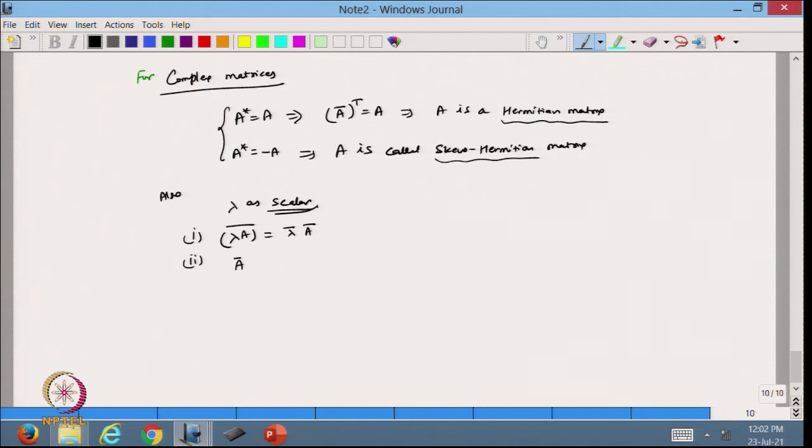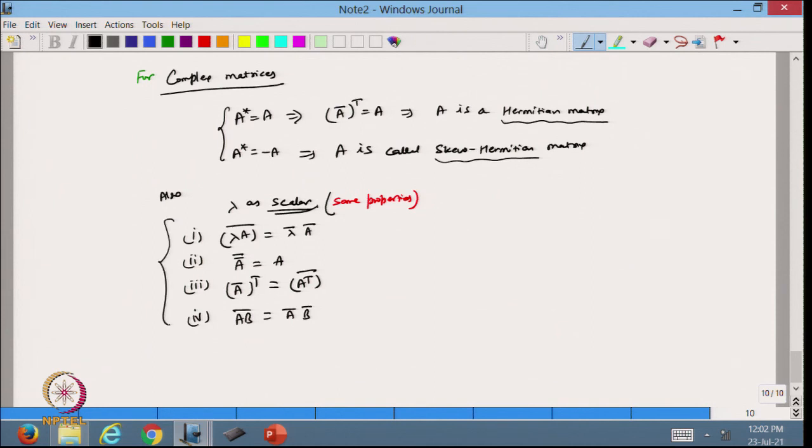Also, if I take the matrix A and take the conjugate twice, then it is equal to A. We can write down some properties. Then, A conjugate transpose is equal to taking the transpose and then the conjugate, no problem. And the fourth one is, the conjugate of A B is equal to A conjugate times B conjugate. So, this way we can define the terms in the set of matrices in complex form.